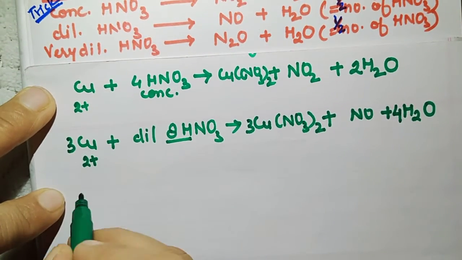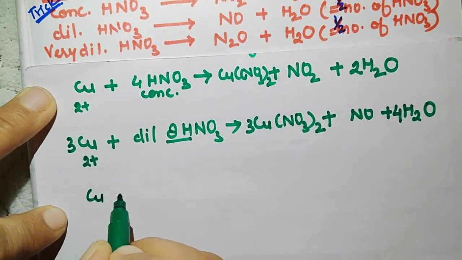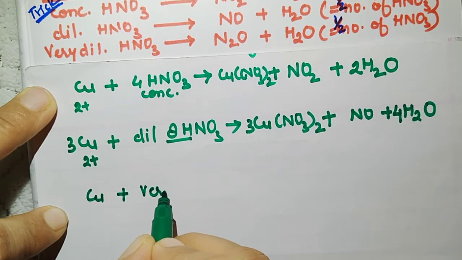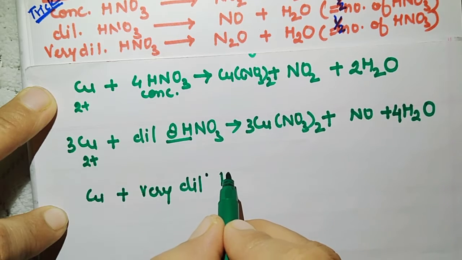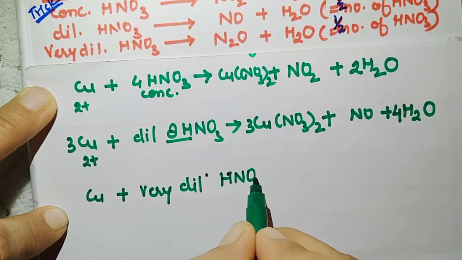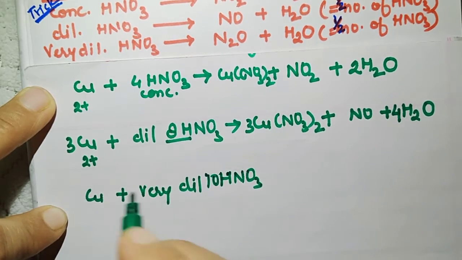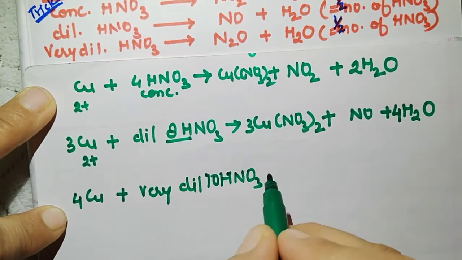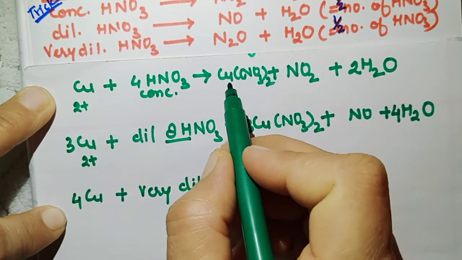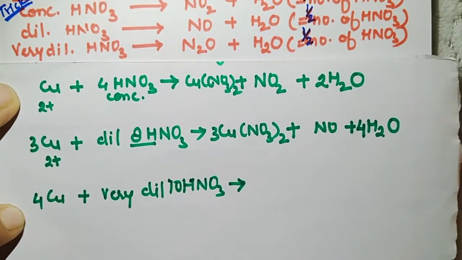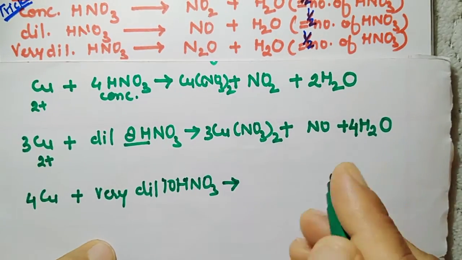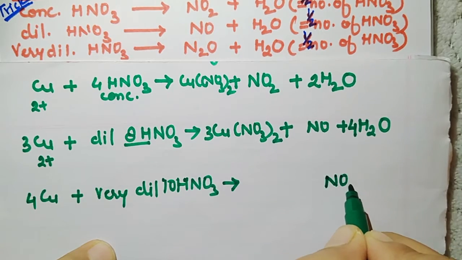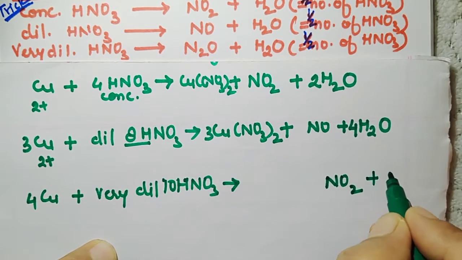Now if the same copper is reacted with very dilute HNO3, it will give you what? It will give you N2O plus H2O.